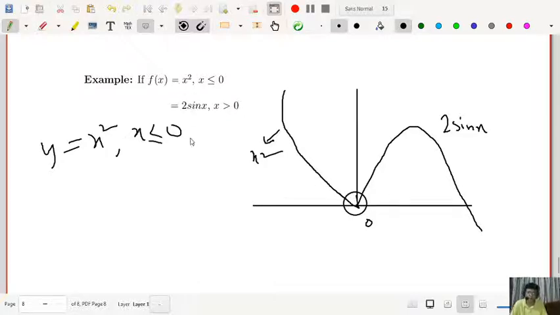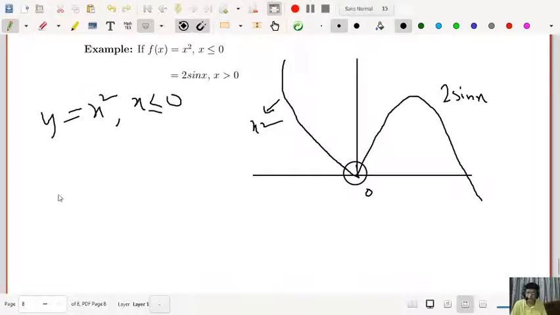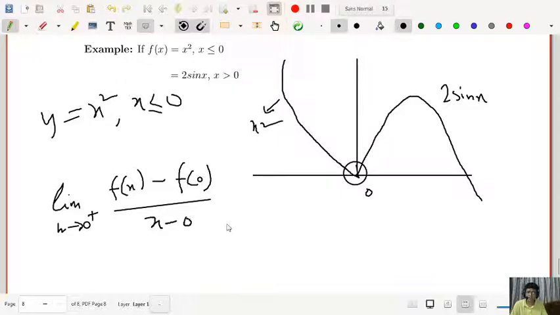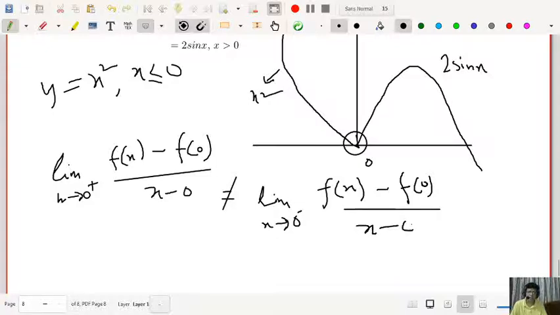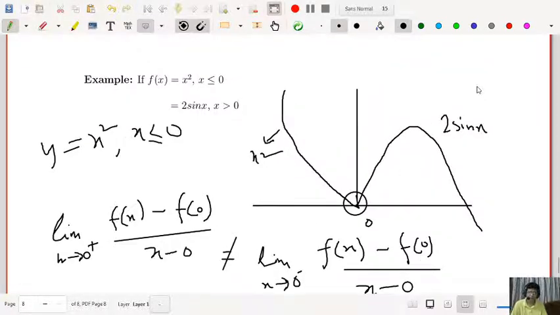You can check the differentiability using the left hand derivative rule: limit x tends to 0 plus of f(x) minus f(0) by x minus 0 is not equal to the right hand derivative. The left hand derivative will be limit x tends to 0 minus of f(x) minus f(0) by x minus 0. So this will not be valid. You can observe it from the graph and from the mathematical point of view also.